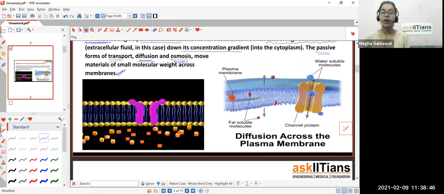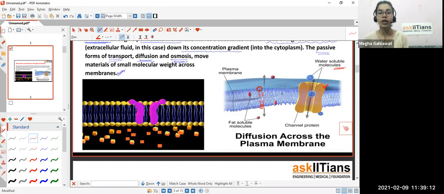Fat soluble molecules do not require any kind of transport protein. Why? Remember when we were talking about how the lipid bilayer has lipid molecules, and each lipid molecule has a hydrophilic head and a hydrophobic tail. The transport protein is required for the water soluble molecules because they cannot pass through the membrane.